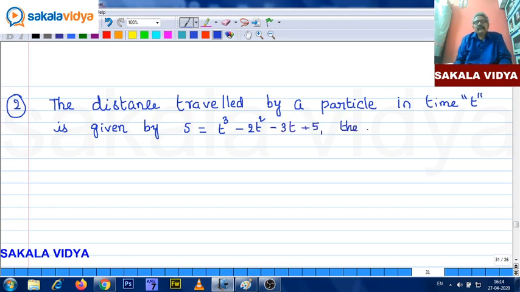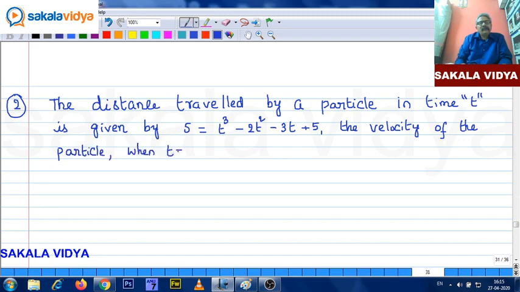The velocity of the particle when t is equal to 2 seconds.